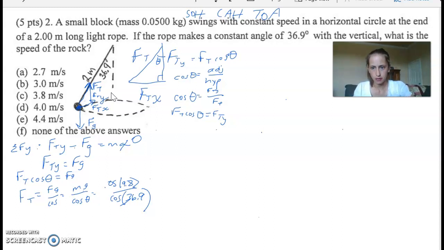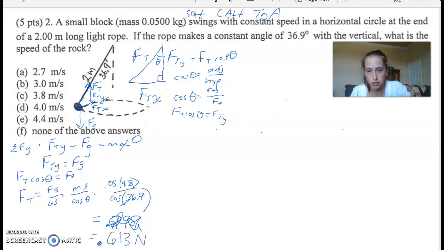I feel like that's not right. Okay, I double checked my math. So we do 0.05 times 9.8 divided by the cosine of 36.9. You should get 0.613.